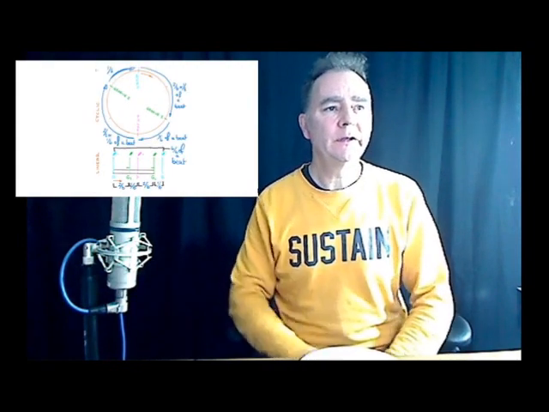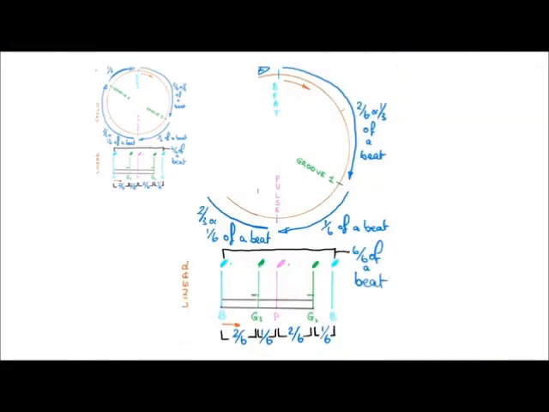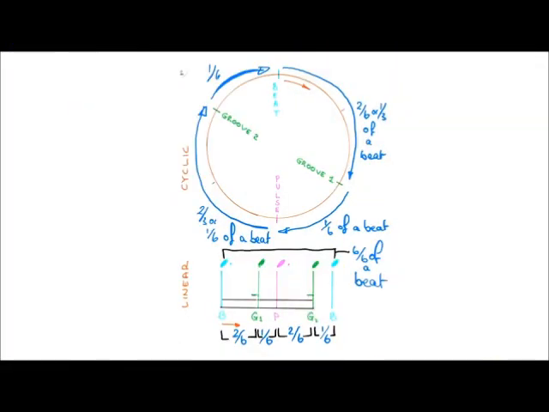And if we switch to our labeled diagram, we can see all of that. So we've divided the beat up into 6 points, 1, 2, 3, 4, 5, 6 equal divisions of a beat.